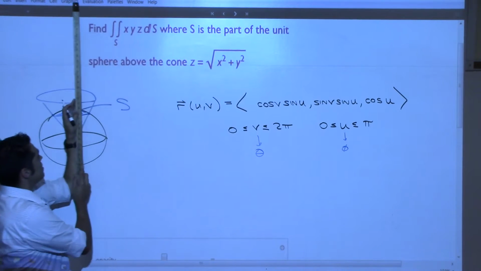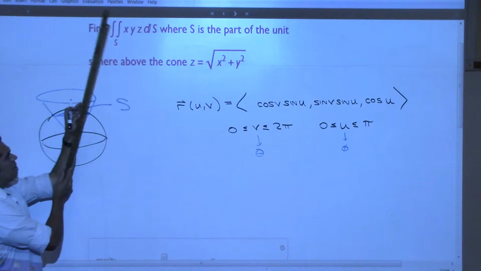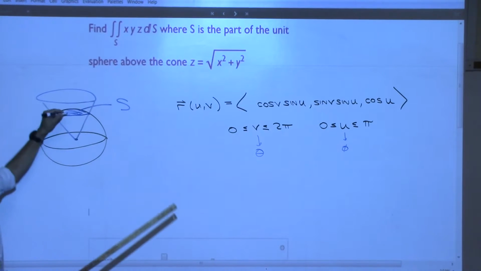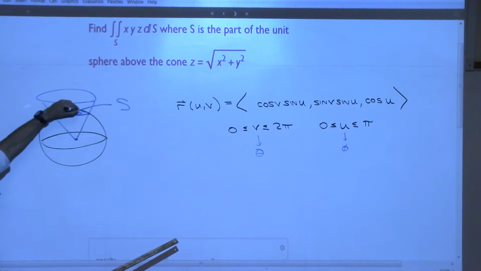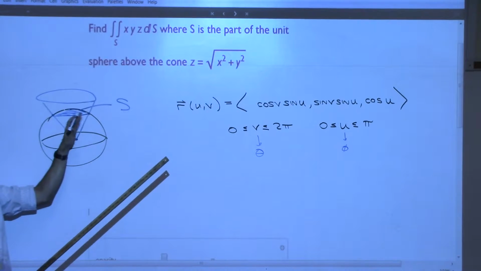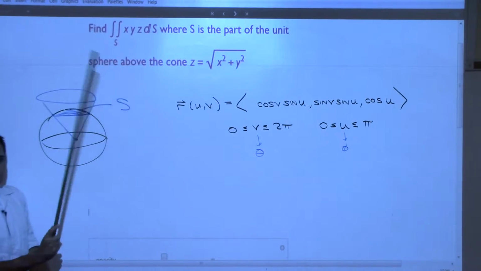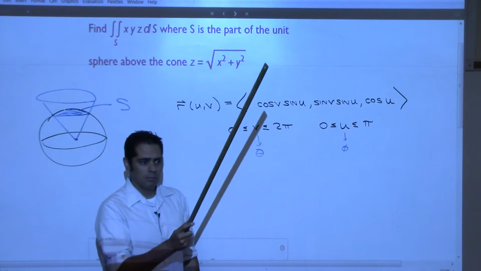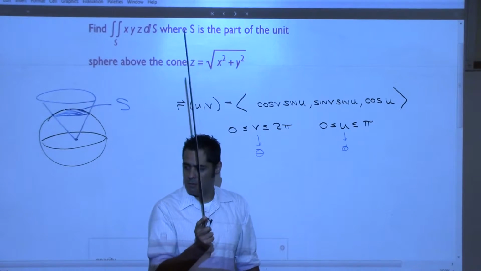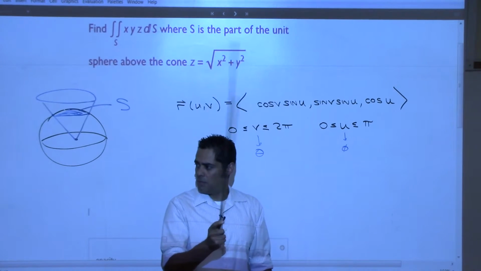If I want to draw just this top cap, how much am I going to let phi move by? Well, whatever it takes to start here and swing down through there. I need to figure out what that angle is. What about theta? How far around do I want to go? All the way around, right?